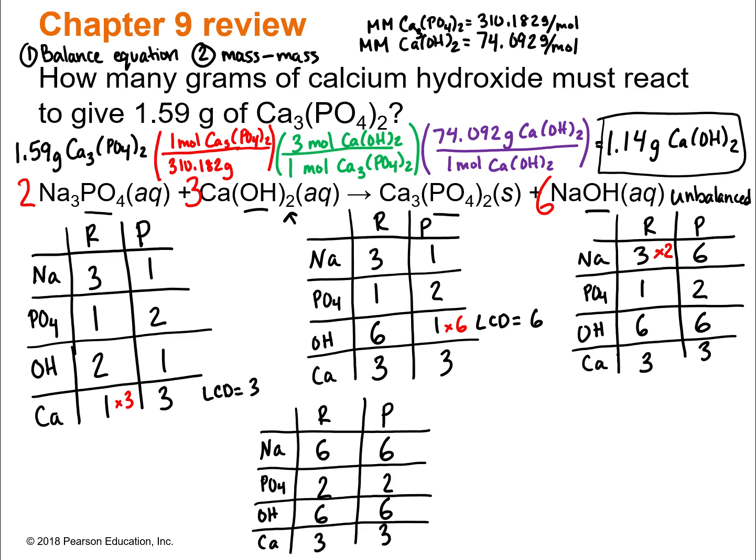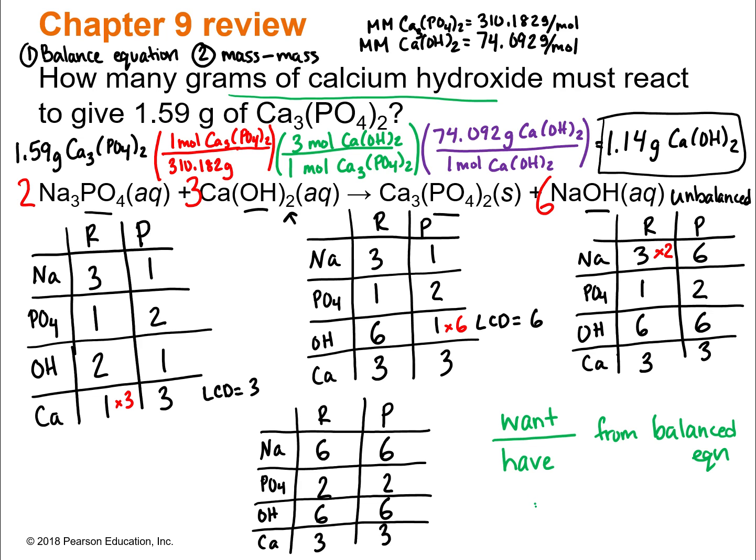Yeah, I can go through the mole ratio again. So for the mole ratio, I'll write that stuff in green. What we're looking for is what we want over what we have from the balanced chemical equation. What we want in this case is the grams of calcium hydroxide.